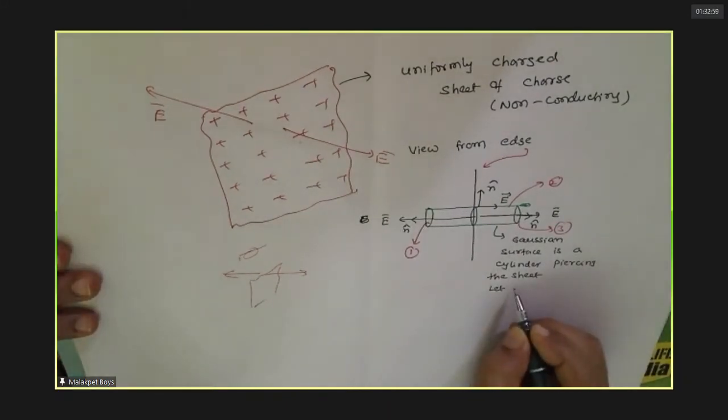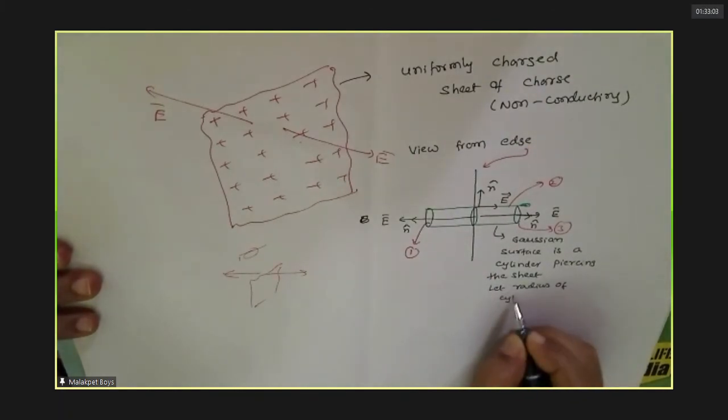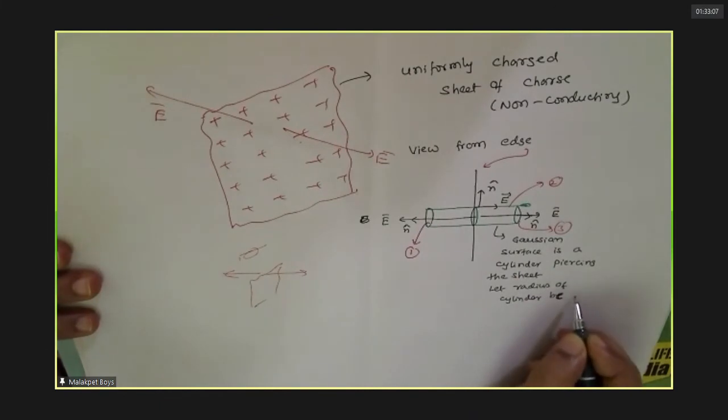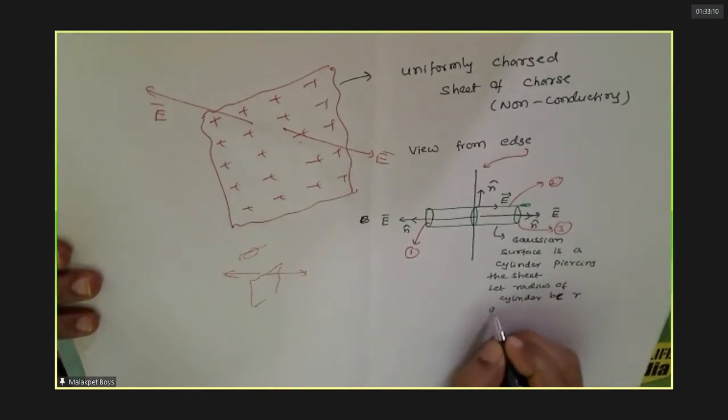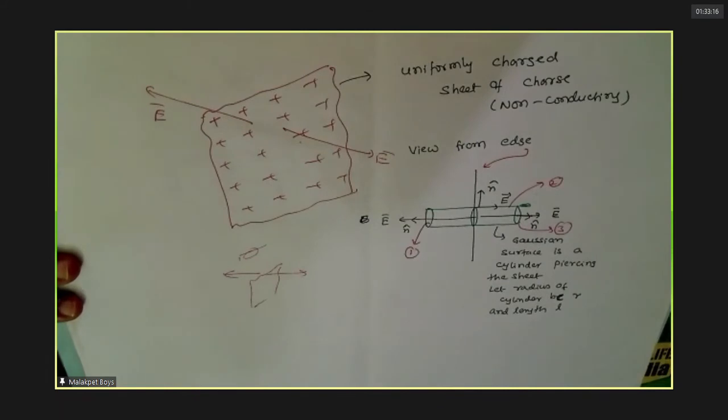Let the radius of the cylinder be R. Understood this?